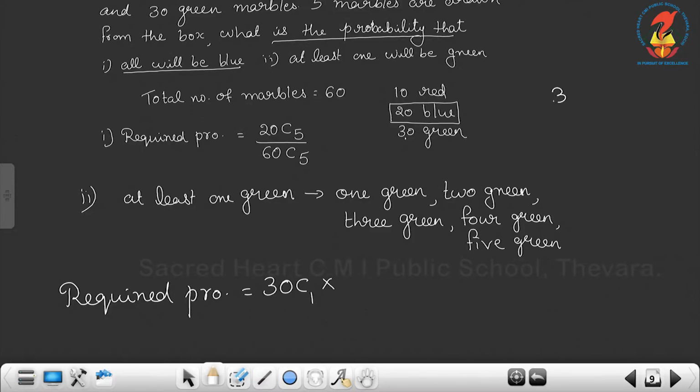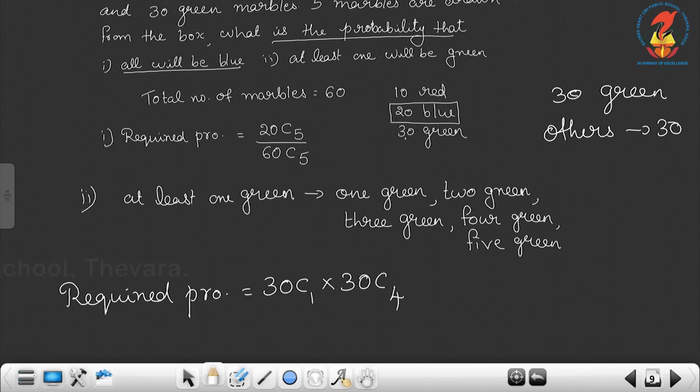The remaining 30 is not green. So, the other colors, how many marbles? 30, since 20 plus 10 is 30. So, from that 30 we need 4. Then only 4 plus 1 becomes 5. So, this is the first case, that is 1 marble is green.